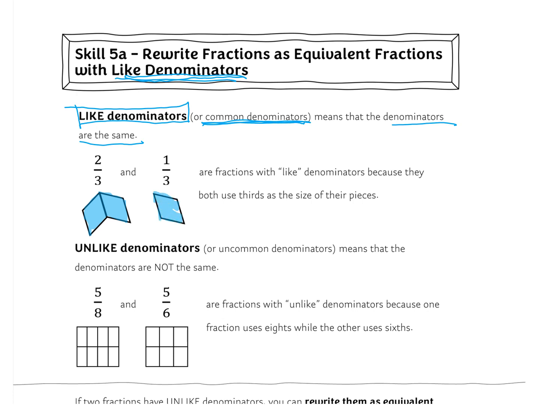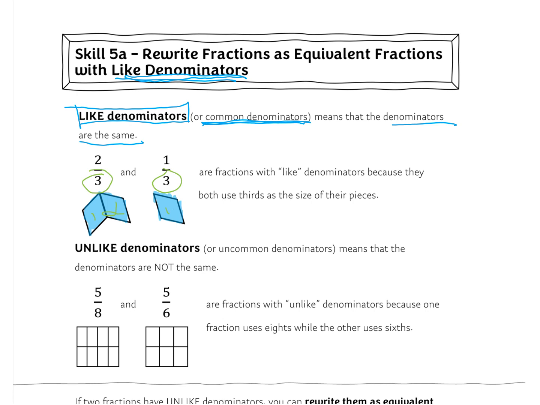If you look at these, hopefully you can see that these fractions are not equivalent. 2/3 is not the same as 1/3, but they do have something in common. Both of these fractions are expressed as thirds. They're built using the same sized pieces. One of them has 2, and one of them only has 1.